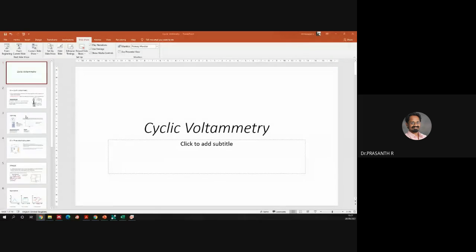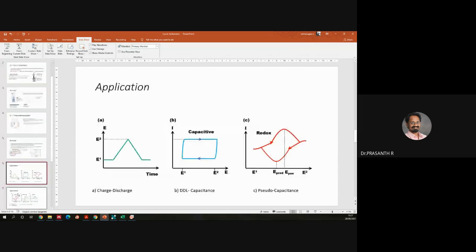As he told, we get three different standard measurements. One is for a capacitor, another is for a pseudocapacitor, and the third one is for batteries. In a battery, you can see oxidation and reduction continuously happening, so you will get two peaks in the cyclic voltammetry curve.